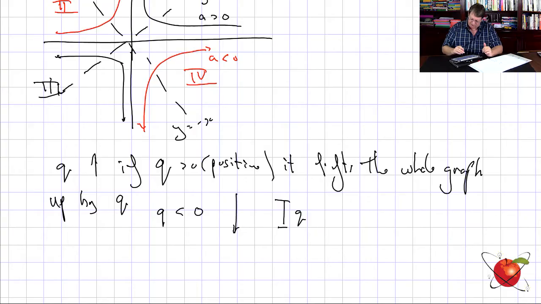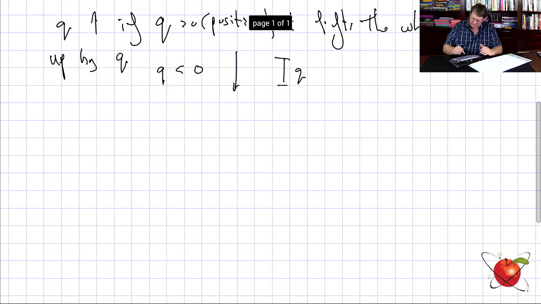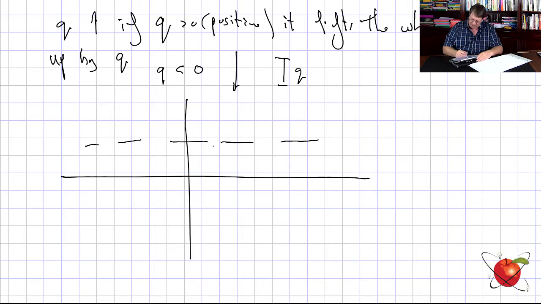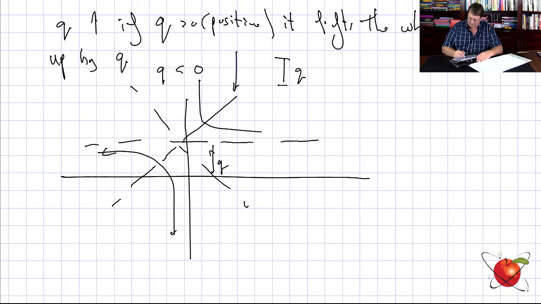And when we lifted it up, just to finalize our recap, I took it and I said, aha, there we go, we've lifted up by q, so now I've got a graph up here and I've got a graph down there like that. Can you see, this axis is y equals minus x plus q, and this one is y is equal to x plus q.